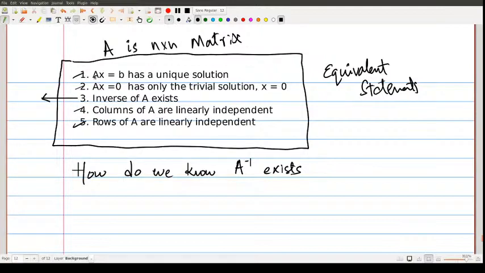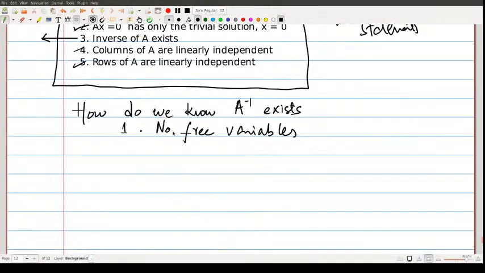Maybe this is not a nice way of finding out, but if Ax equals 0 has only the trivial solution, then A inverse exists, which means we know that there are no free variables. And when do we have no free variables?